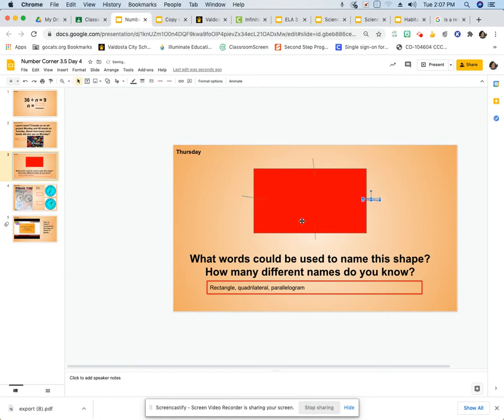So it's got 2 sets of parallel lines. So to really let you see it, I'm going to draw a double line here and one over here. So these 2 lines are parallel and these 2 lines are parallel.